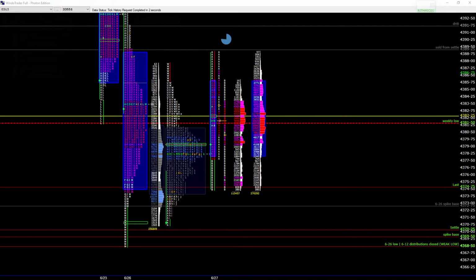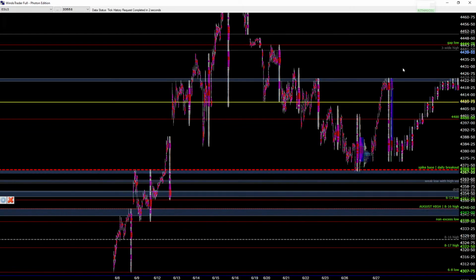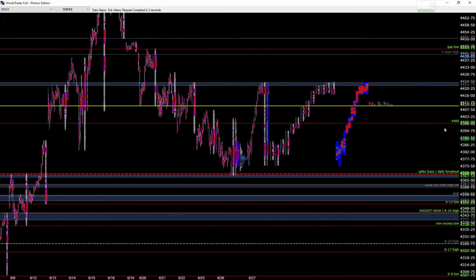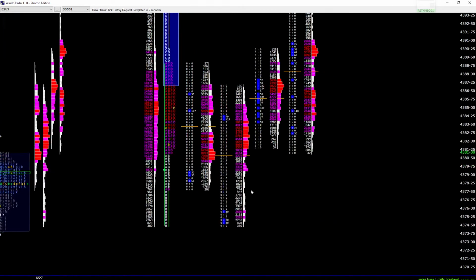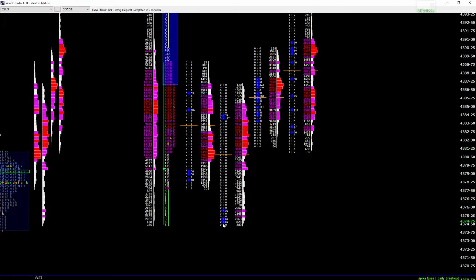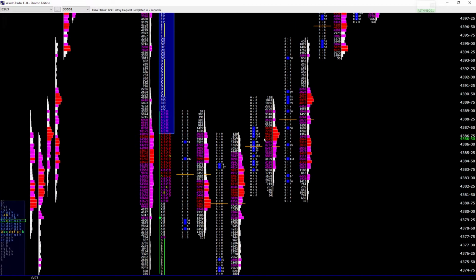Let's see what the histograms have. Notice just momentum here, and some volume starts happening. When you see this, you want A, B, C. This is third period. Okay, there's bigger volume here.